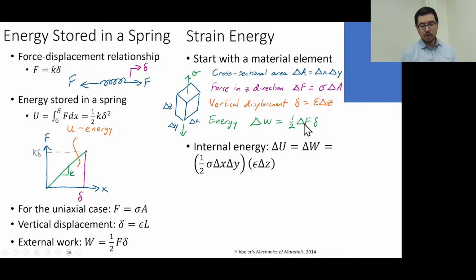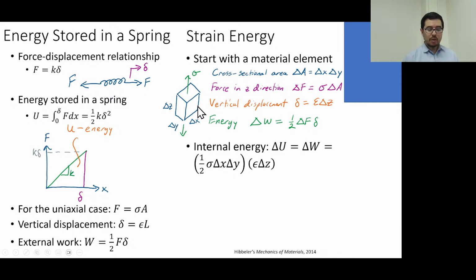Okay, so what is delta F? Well, we said delta F is sigma times delta A, right? What is delta A? Delta A in this case is delta X times delta Y, right? So the quantity in the first set of parentheses is the 1/2, and the delta F, and the delta F is the sigma times delta A, right? We see that? Sigma, delta X, delta Y. What is this delta?